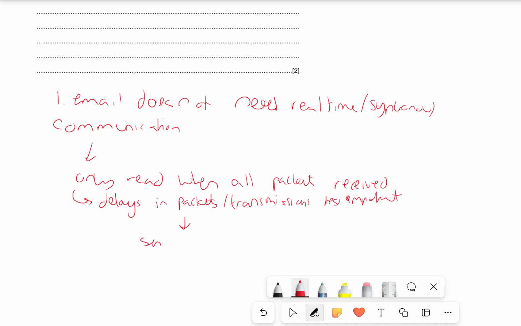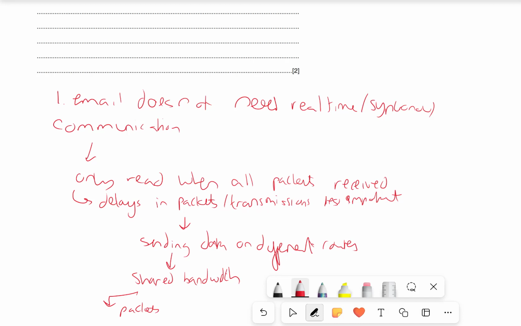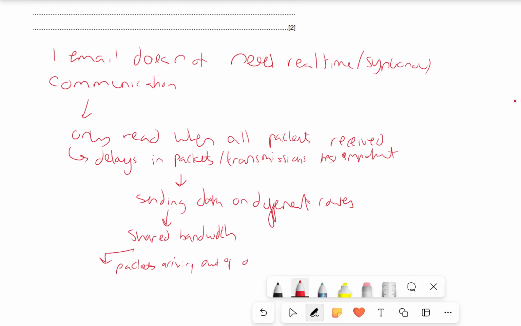Therefore, sending data on different routes, shared bandwidth, packets arriving out of order is not an issue.